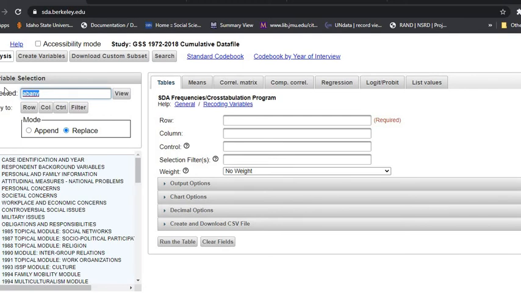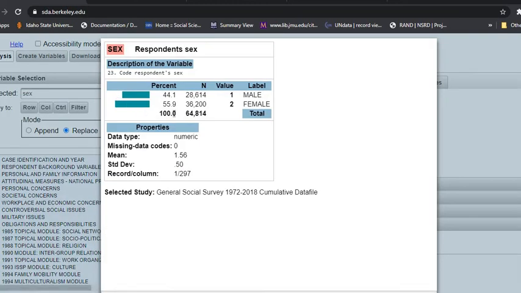If you're doing sex and attitudes towards abortion, you'd also want to type sex into that field, pull that up, and then tell me that in this sample, 44% are male and 55.9% are female. So more females participated in this sample than males.